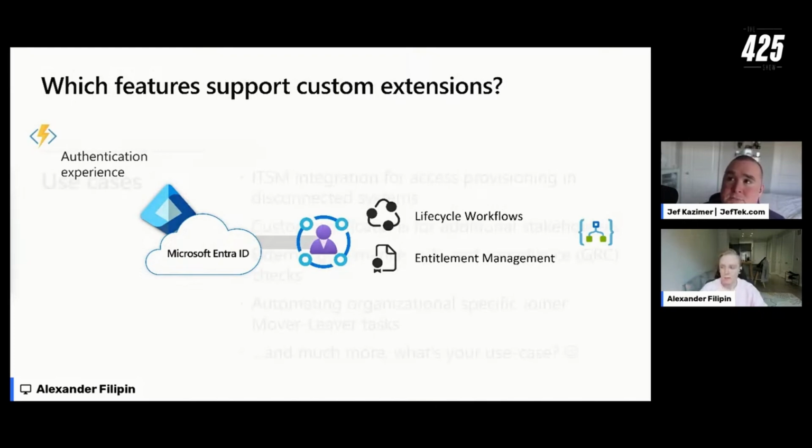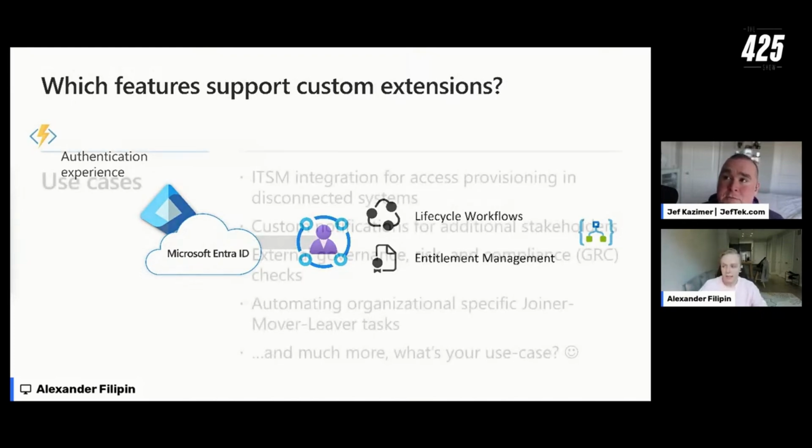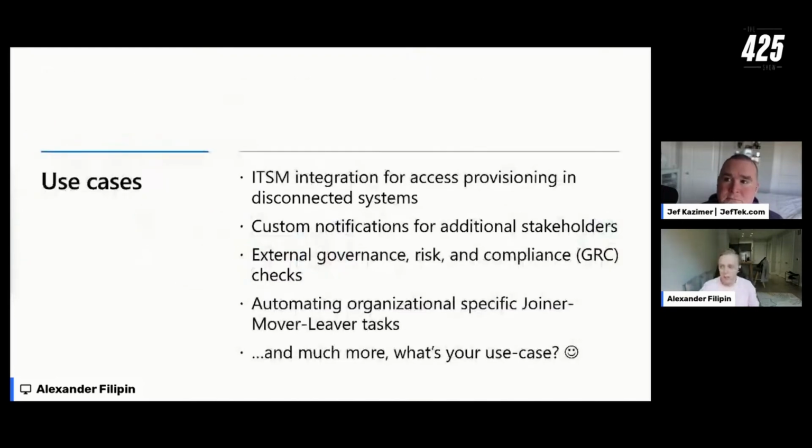Perfect. Let's talk a little bit about the use cases that we can solve with custom extensions. That differs a little bit when they're used in entitlement management versus lifecycle workflows. For example, in entitlement management, we can achieve integrations with ITSM systems, like ServiceNow, to ensure that tickets are created when we want access provisioning to happen in disconnected systems that we cannot connect automatically to Microsoft Entra.